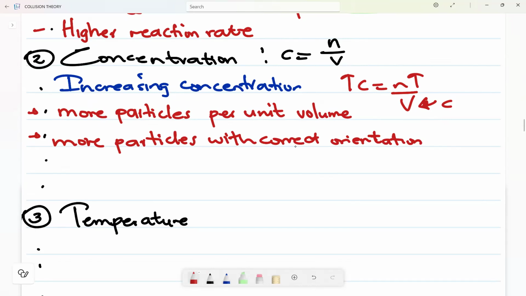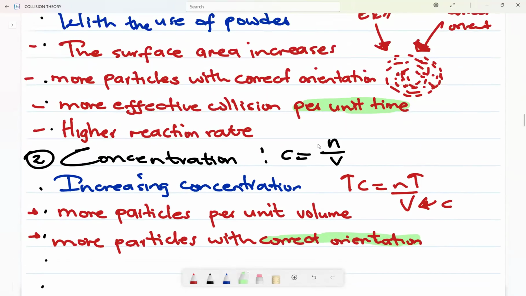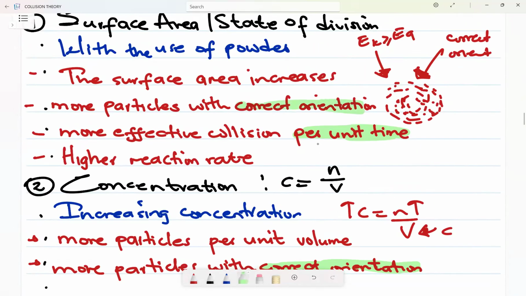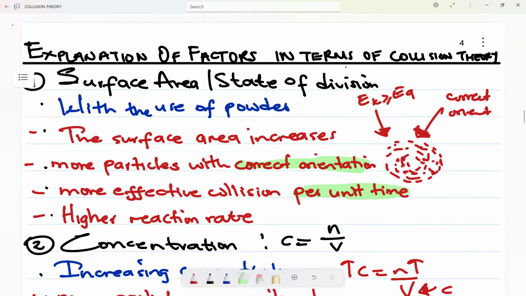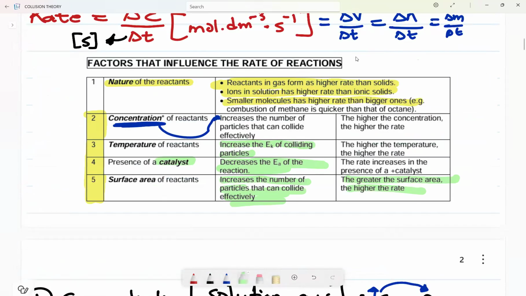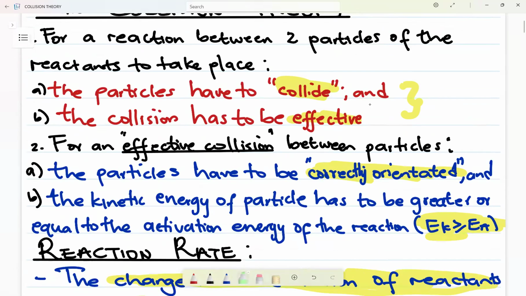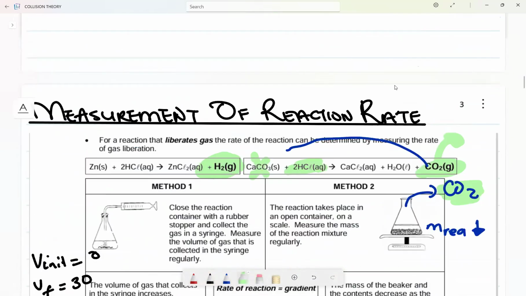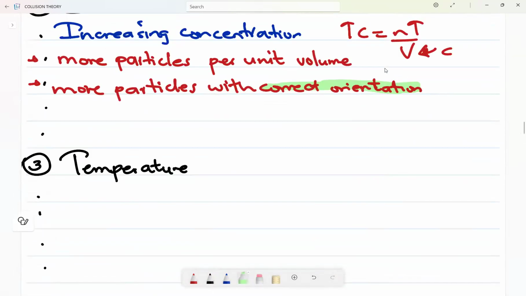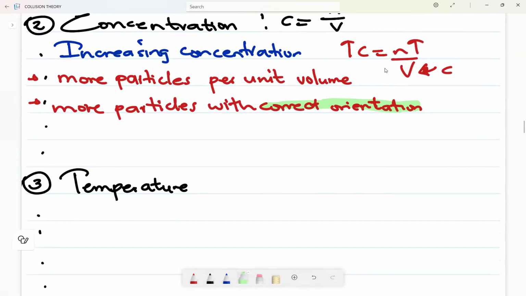Remember, we need this. Why? Because for an effective collision between particles, we need correct orientation or kinetic energy. But in this one, you can accept if you have one of those, it means you are having an effective collision.